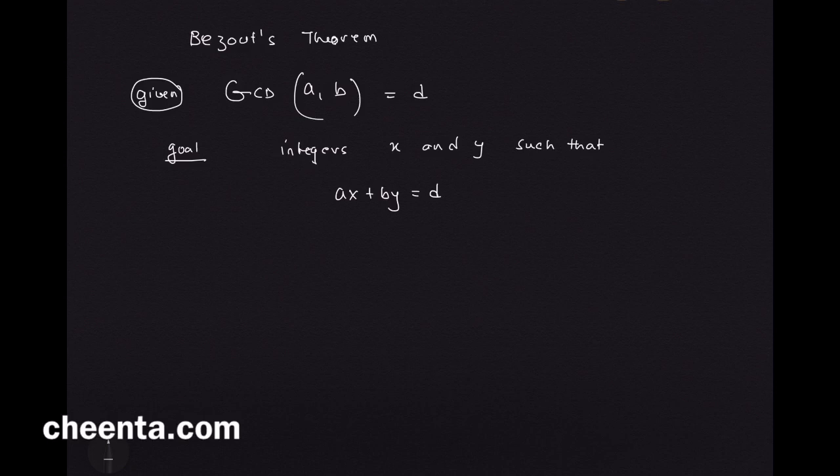So the point is to establish the existence of x and y. Can you always find such x and y?